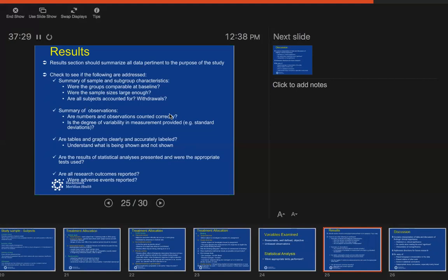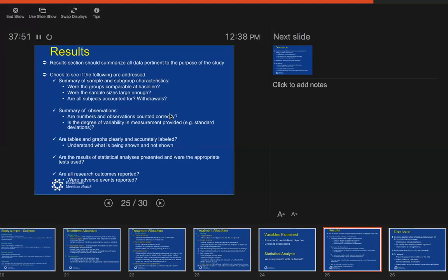Were all subjects accounted for? How were withdrawals handled? Did they just sweep them under the carpet? You want to look at the numbers of observations, were they accounted for correctly? Sometimes if you have time, you can count how many started in the study, how many finished, and then what they describe about everybody.